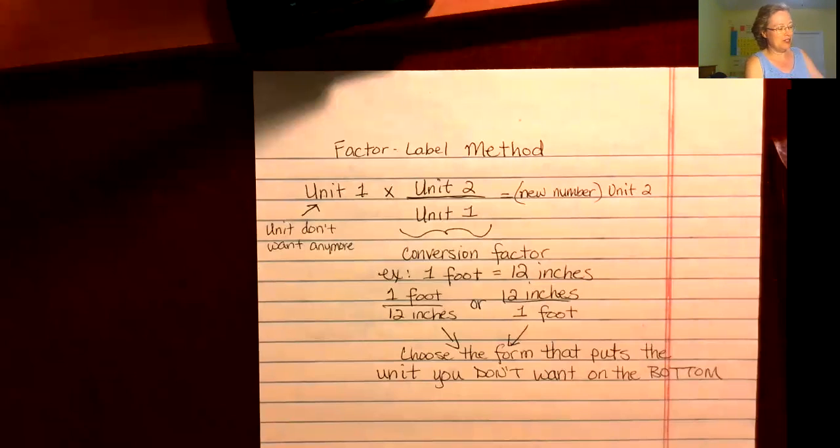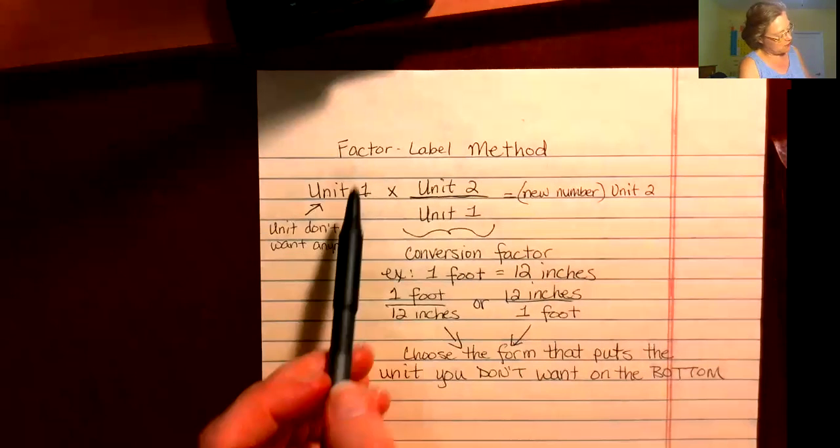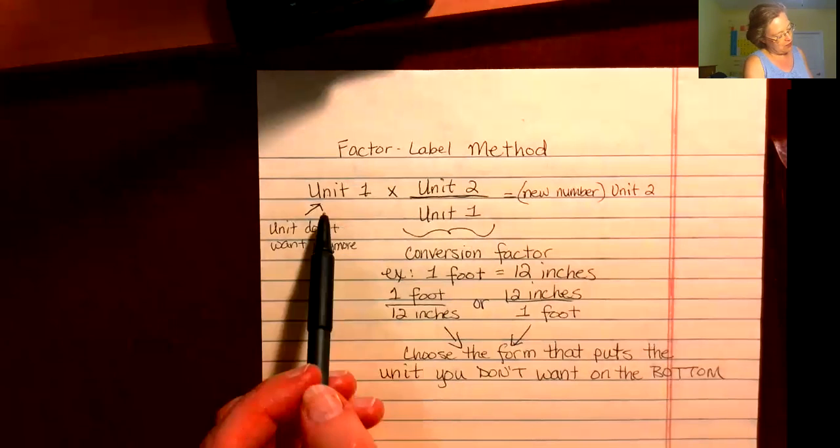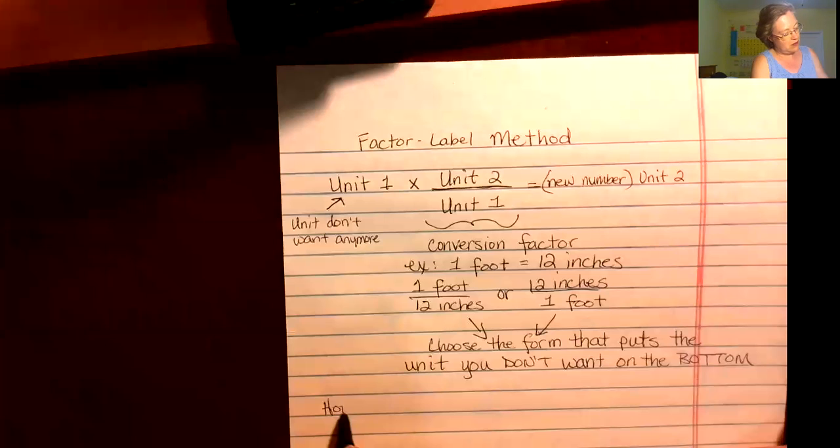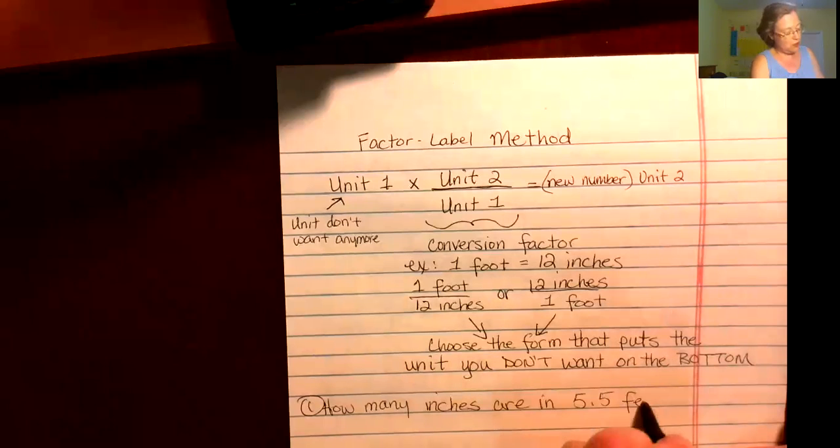In the problem, you're going to be given some piece of information. Let's say, what was it in our last video? It was how many inches are in 5.5 feet. So this is the unit we don't want anymore.